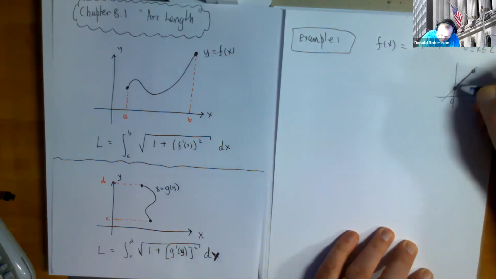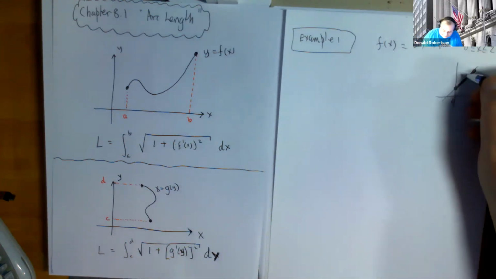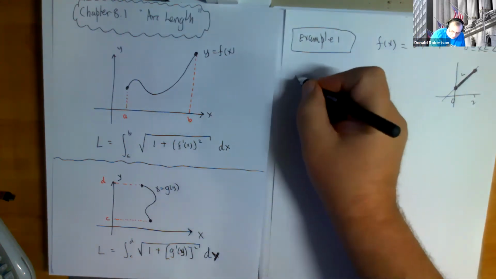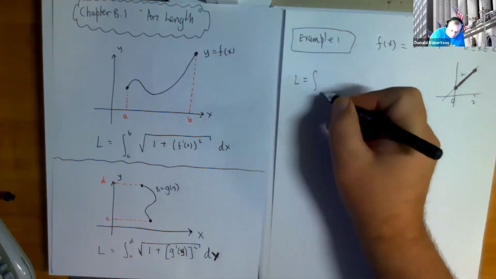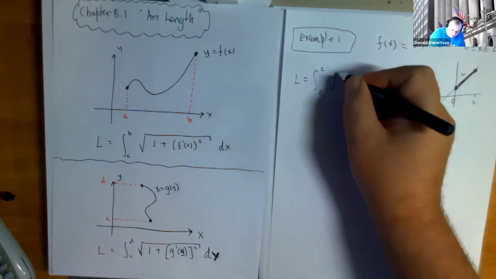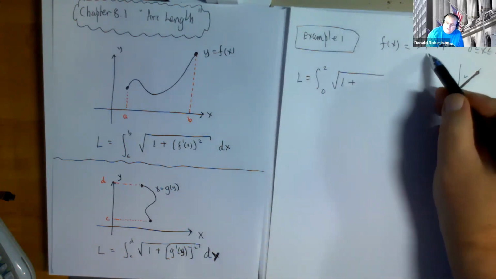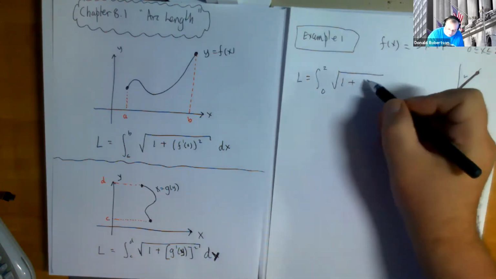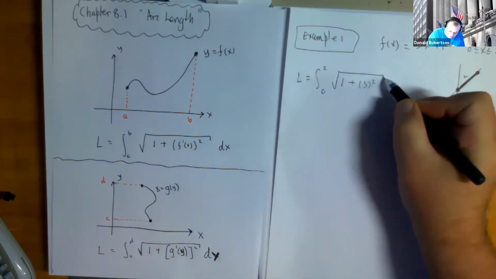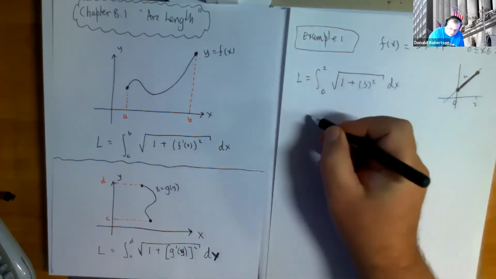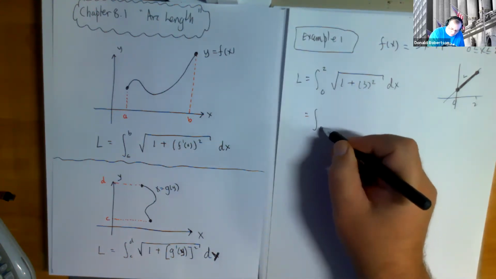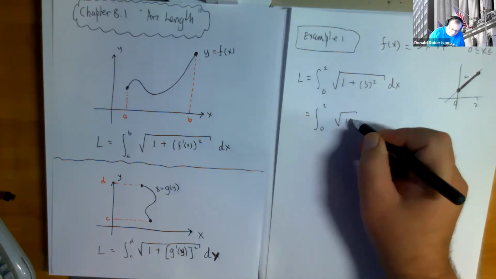And you're trying to find that distance there. Well, according to the formula, it's the integral from 0 to 2, the square root of 1 plus, well, the derivative of 3x plus 1 is just 3, so you get that squared, dx. So you get the integral from 0 to 2, the square root of 10.